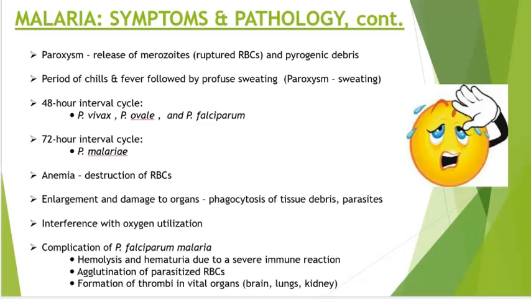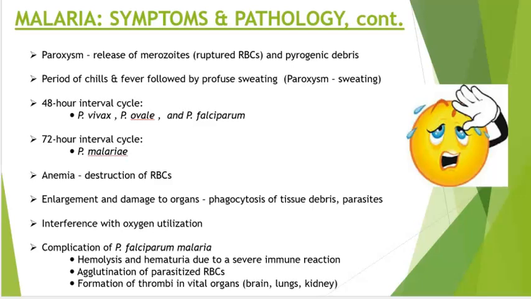Some of these symptoms we've already talked about, so I'm just going to point out some things that I want you to know. As far as intervals or cycles, it's usually a cycle of about 48 hours for vivax, ovale, and falciparum, and about 72 hours for malariae. And then you can also have interference with oxygen utilization. Remember, your red blood cells are carrying your oxygen.